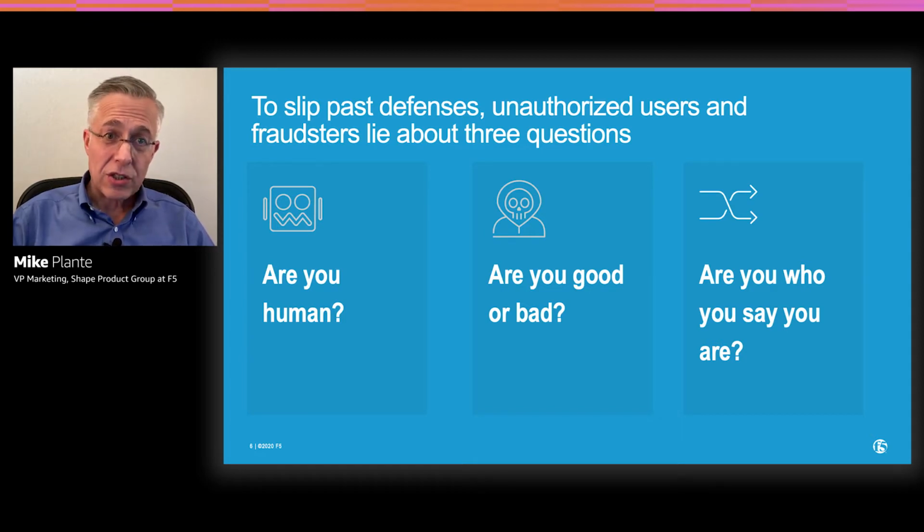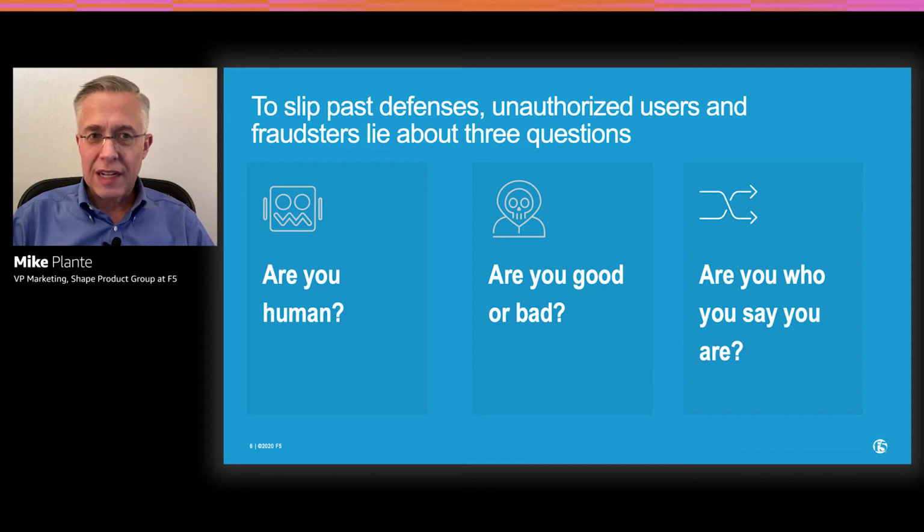The second question, the second lie, if you will, that unauthorized users and fraudsters propagate is, are you good or bad? What is your intent? Do you actually have legitimate intent as you try to access my application? And the third lie, the third thing that they tell lies about, is are you who you say you are?